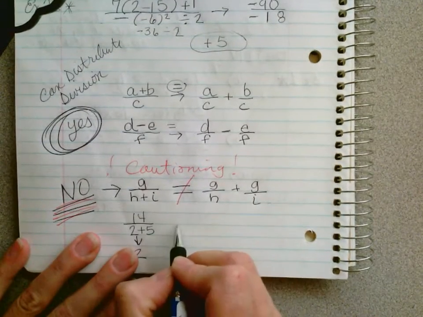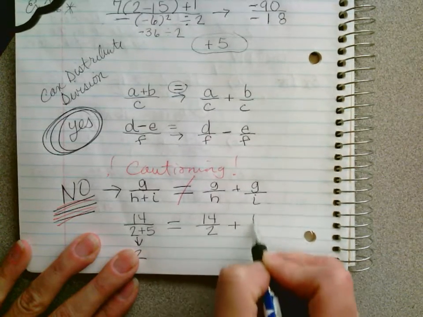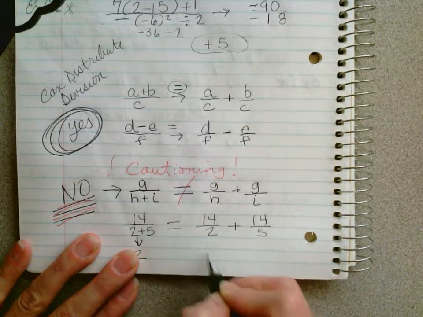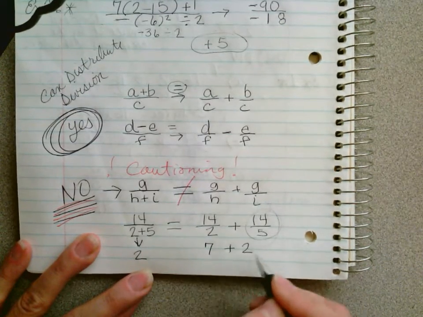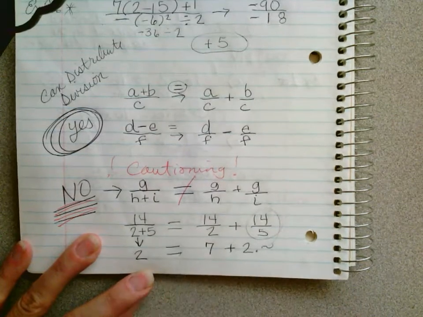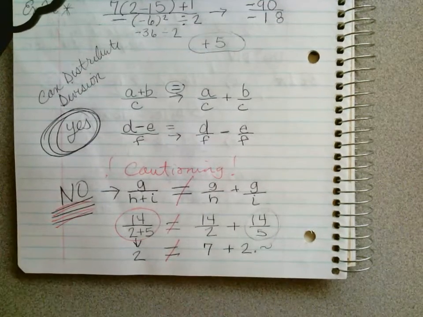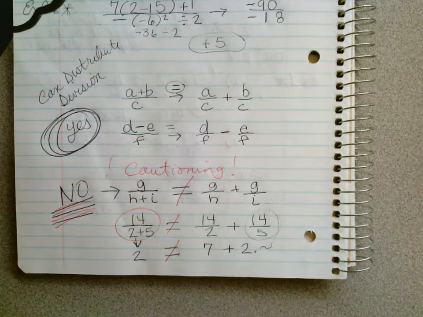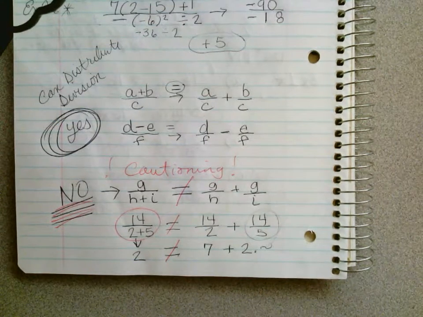If I did 14 divided by 2 and added it to 14 divided by 5, 7 plus whatever this is, 2 point something, does not equal what this does, okay? So be very cautious. Only distribute out if it absolutely works, and that's what the gray box there shows us, okay?